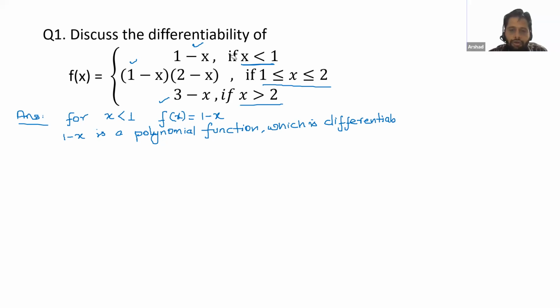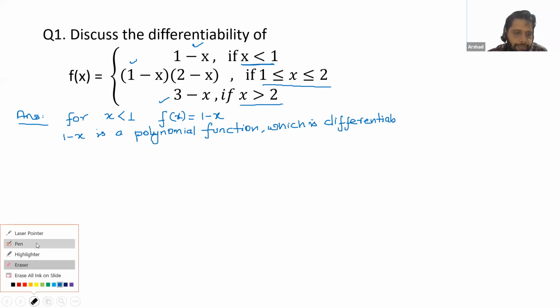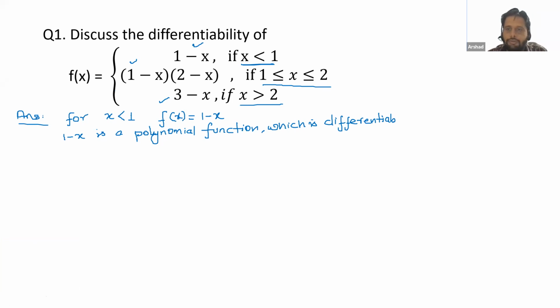Yes, sir, all polynomial functions are differentiable. Just give me 2-3 minutes first. I understand your query, and I will explain everything here. 1 minus x is a polynomial function which is differentiable everywhere.